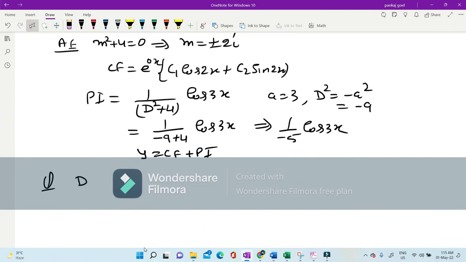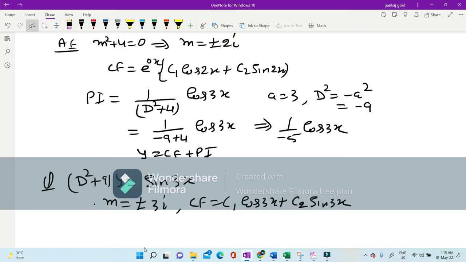If I say d square plus 9 y equal to sine of 3x, then you can find out easily the CF part. For CF part, m will be equal to plus minus 3i. So CF can be written as C1 cos 3x plus C2 sine of 3x.